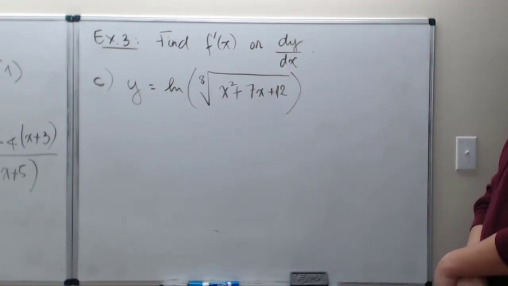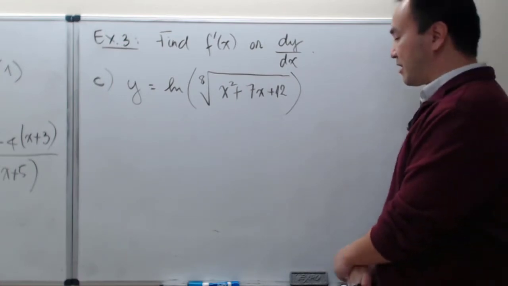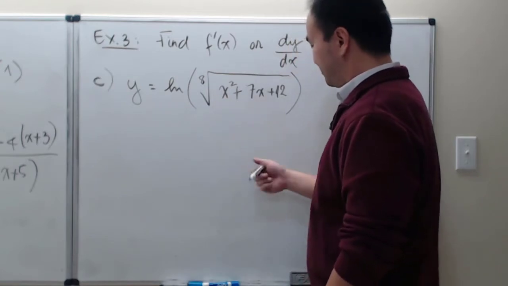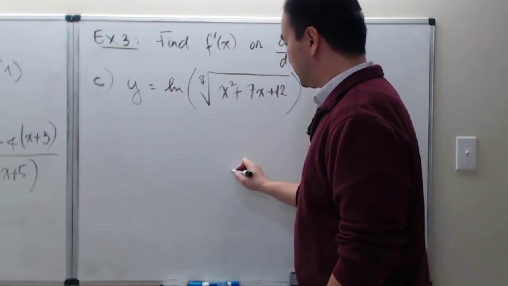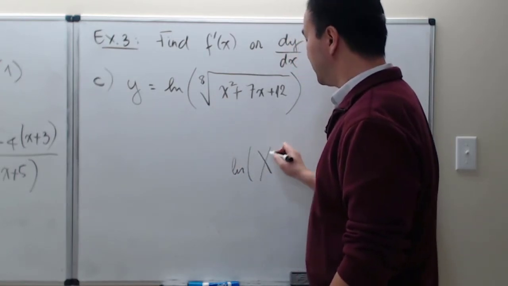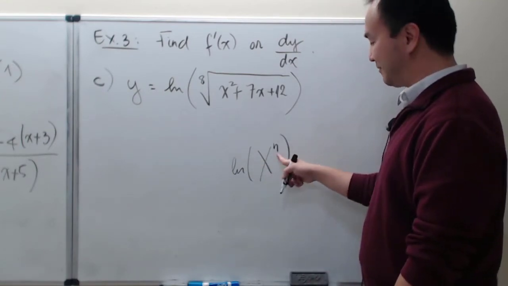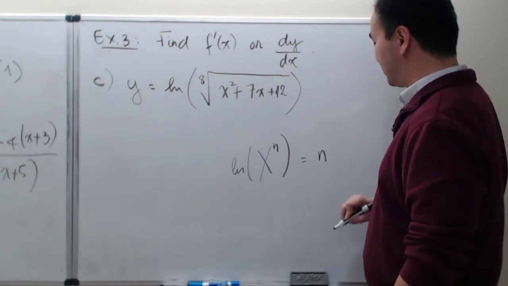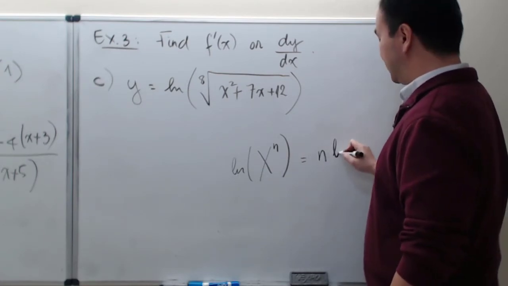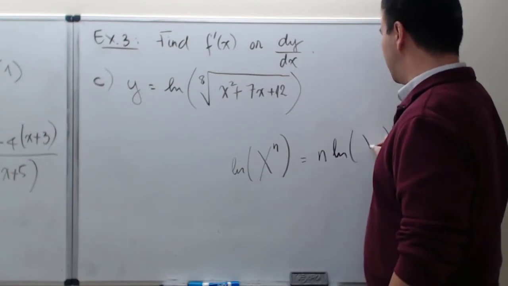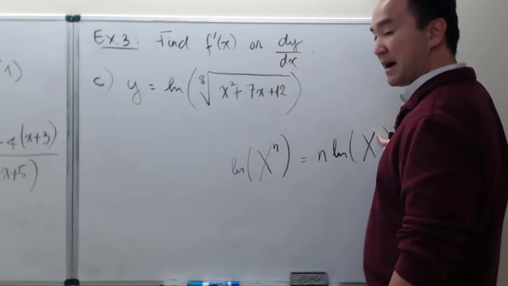And so this problem can be treated very similarly to the earlier problem, in the sense that, recall, the logarithm of a power. I brought up this property earlier. The logarithm of a power is the same as bringing that power in front as a coefficient. And then the expression inside the log no longer has that power, it's now just power 1.